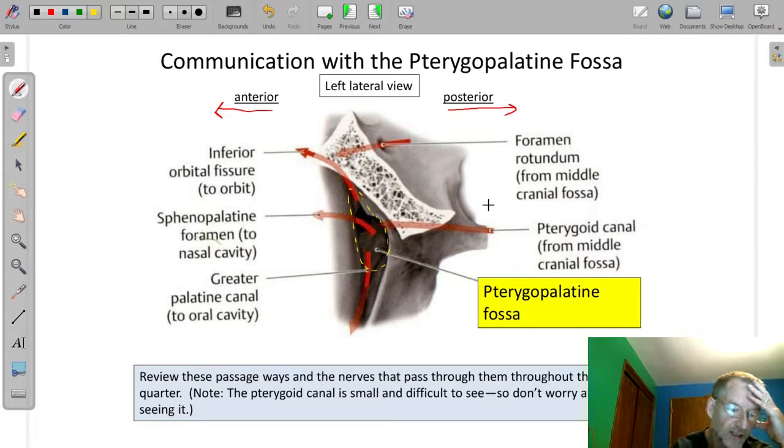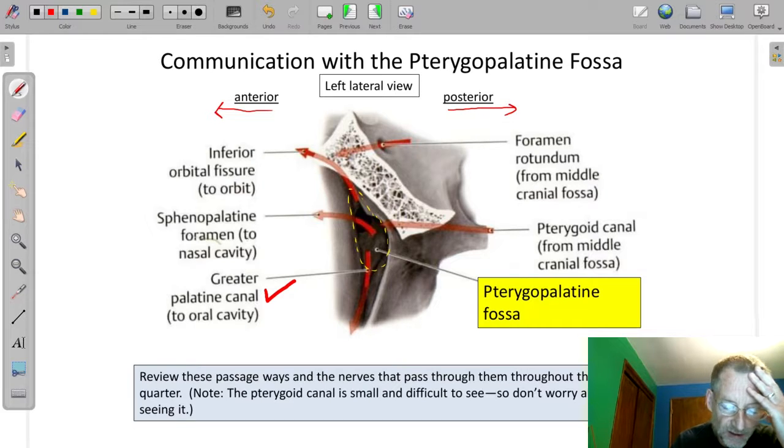So there is the greater palatine canal, which allows nerves and blood vessels to pass from this fossa out onto the palate via the palatine foramen, which is a feature of the palatine bones. Don't worry about that yet. We'll get to it.